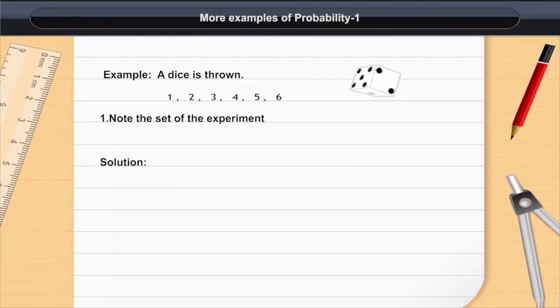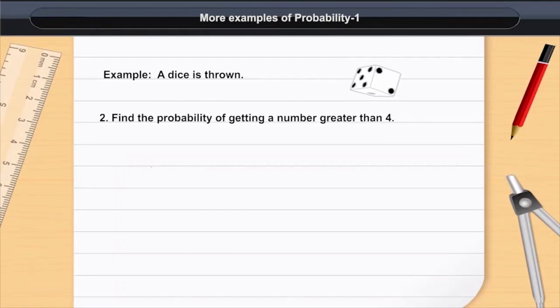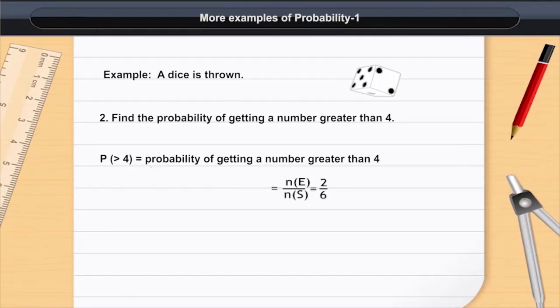Solution. S is equal to {1, 2, 3, 4, 5, 6}. N of S is equal to 6. 2. Find the probability of getting a number greater than 4. E is equal to the event of getting a number greater than 4, which is equal to {5, 6}.